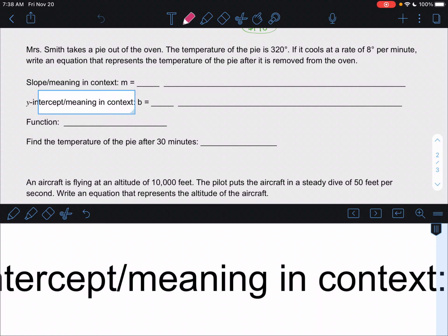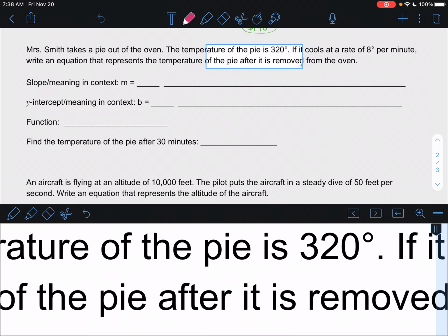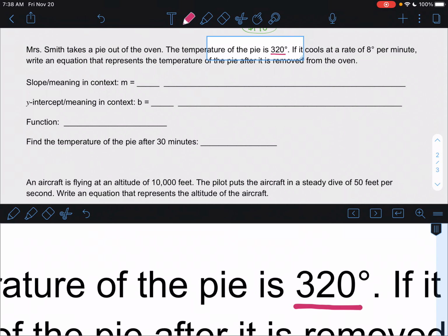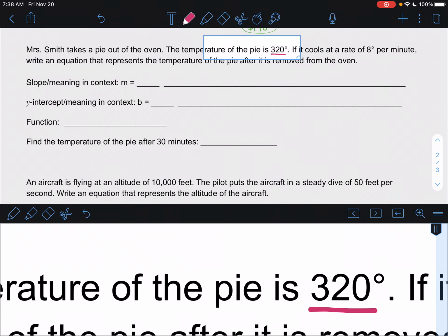Initial whatever we're measuring. In this case, we were measuring the temperature. And the temperature of the pie is 320 when she takes it out of the oven. So when she takes it out of the oven, that's not going to be changing at all.